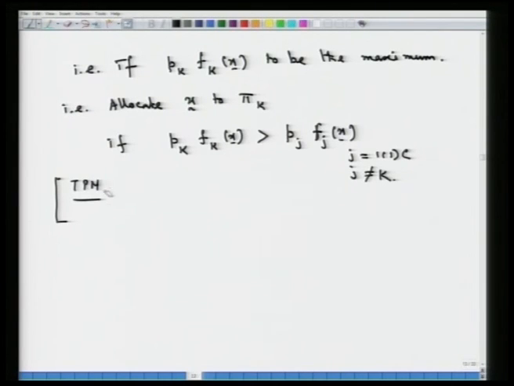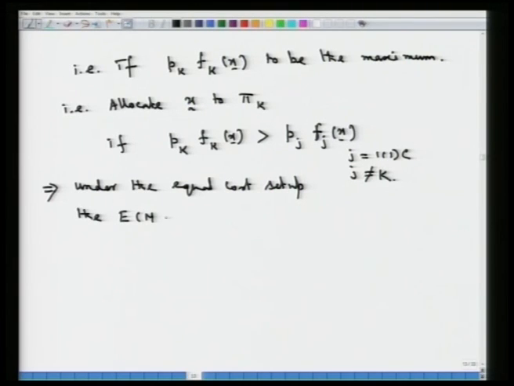So, this would imply that under the equal cost setup, the ECM minimizing rule is the same as the TPM minimizing rule.